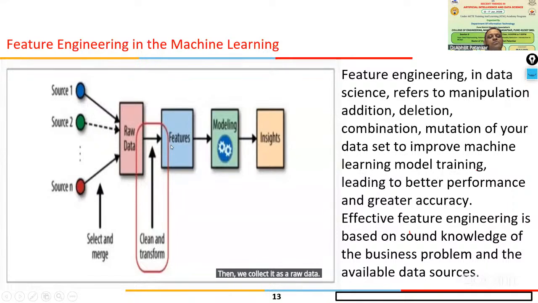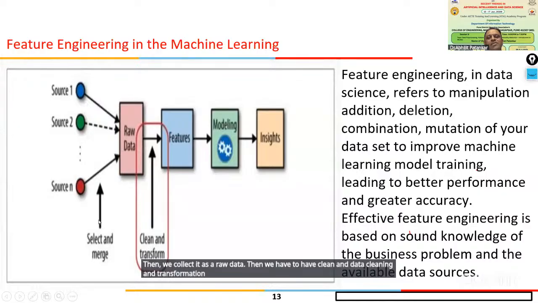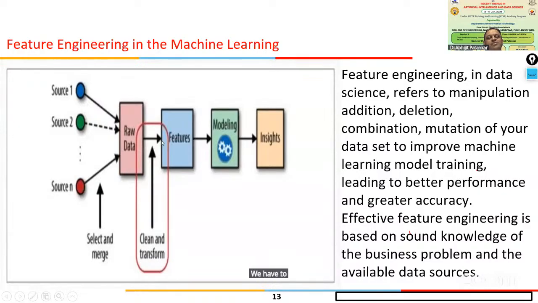Then we have data cleaning and transformation. So here we have to apply this feature engineering. So the exact features that we are looking for are extracted from the raw data. Then we model the data, and after that we get the insights of the data.